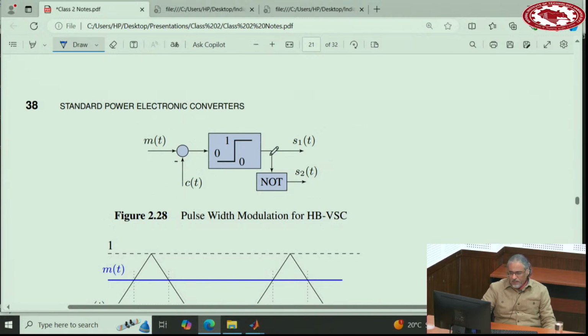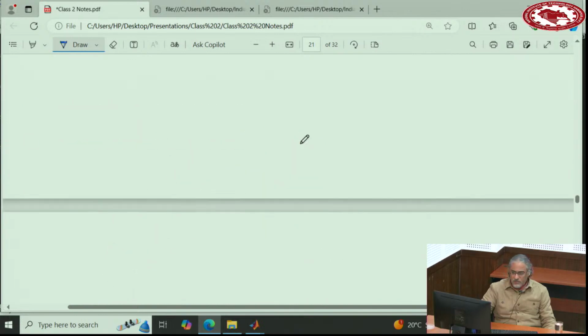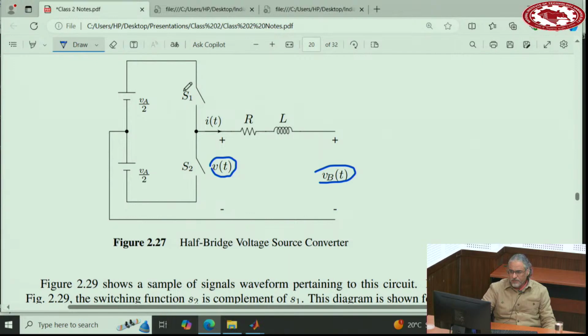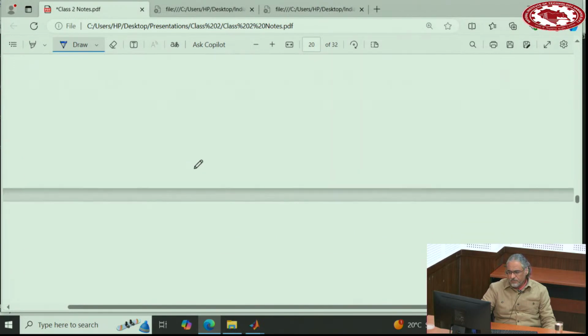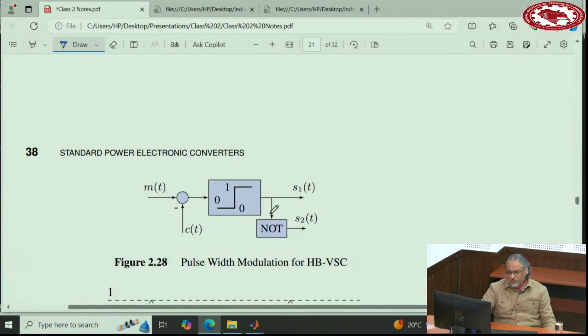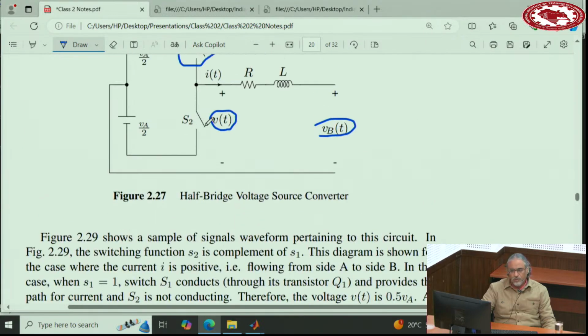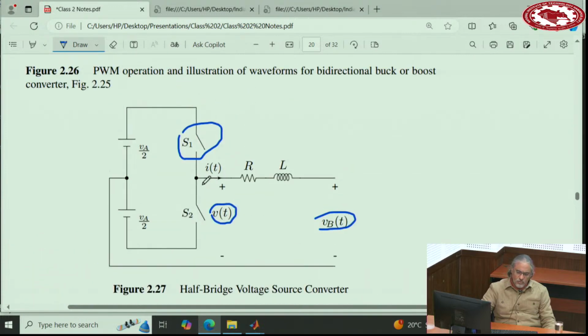The output of this PWM now goes to switch 1, which is the upper switch here, and the complement of that function goes to switch 2, the lower one. In this case, you make sure that you never turn on both switches at the same time, because otherwise you will short circuit across the two voltages, right?